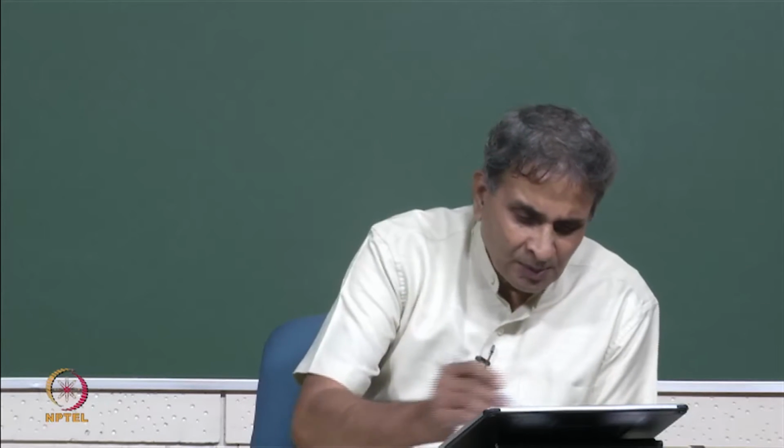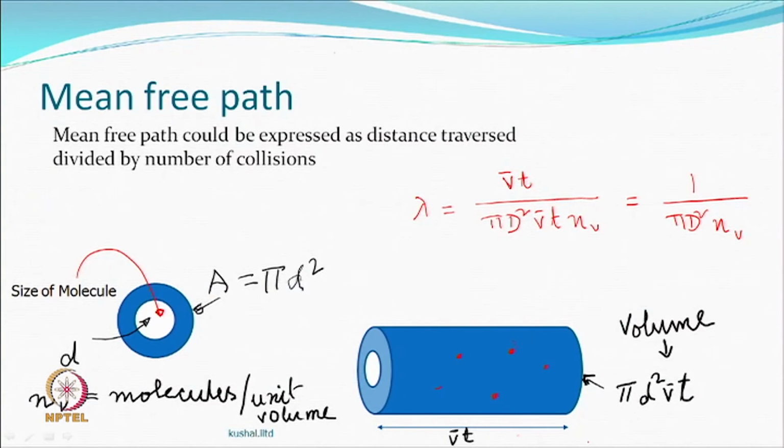which means this is 1 by pi d square. I am sorry, I have used D sometimes capital. Let me make all of them small d. Right.